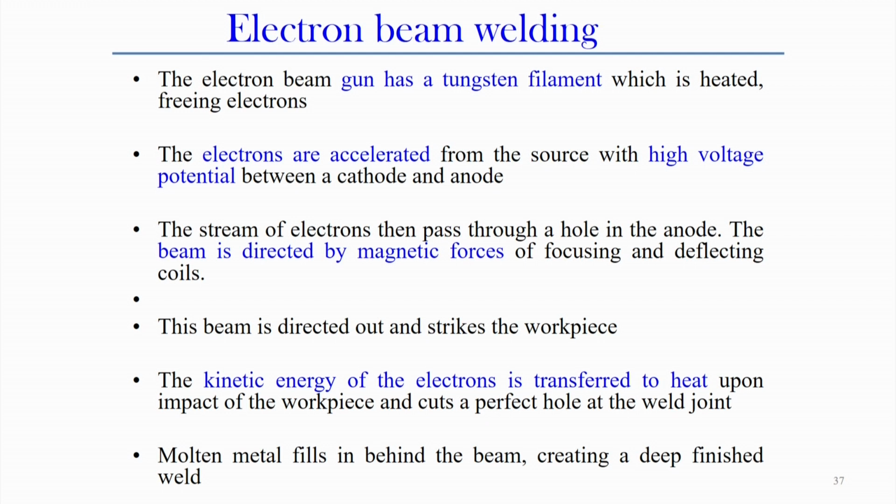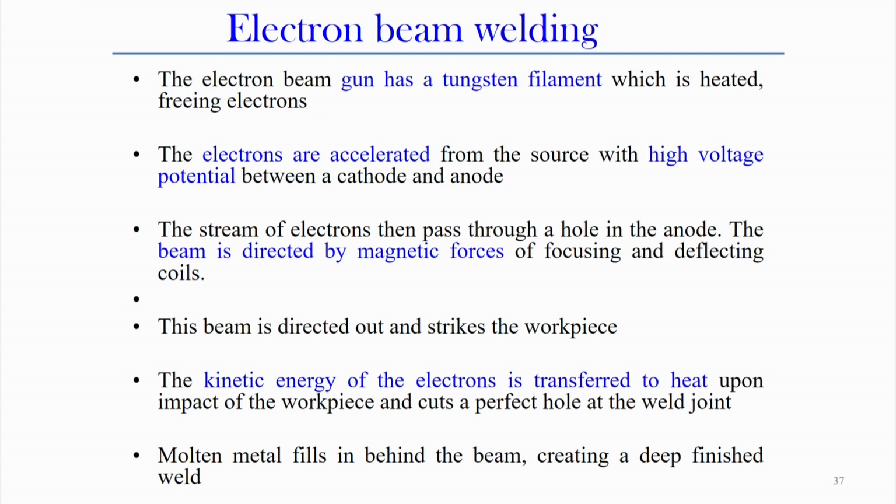Now, the stream of electrons passes through a hole in the anode, so that the beam is then directed by magnetic forces, and then focused and deflected to a specific point by the deflecting coils.